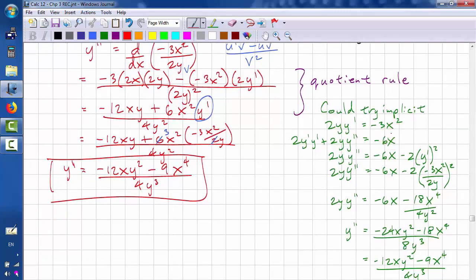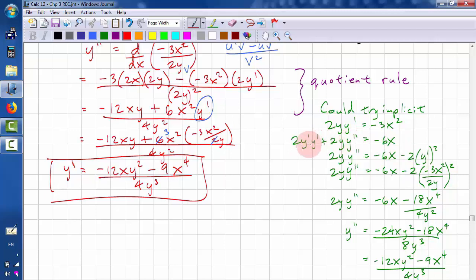Okay, you could try implicit differentiation. You would move the 2y over to the other side to make it easier, but this is a product rule. So you'd have 2y y prime plus 2y y double prime equals negative 6x. This becomes y prime squared.